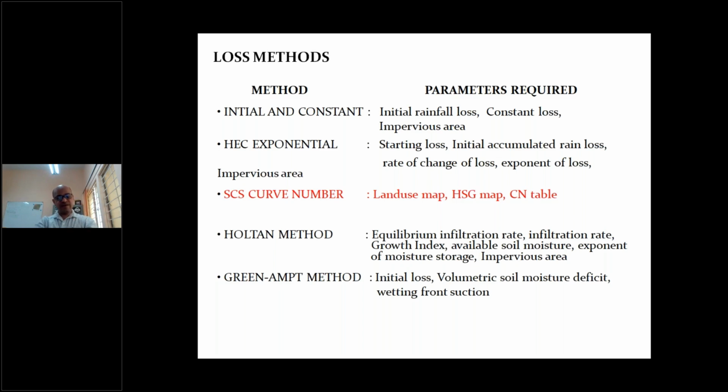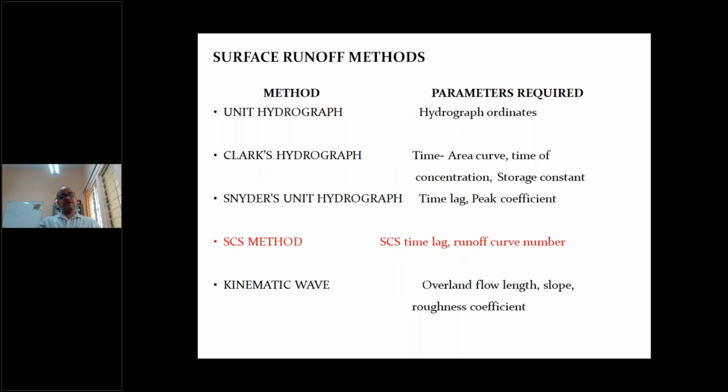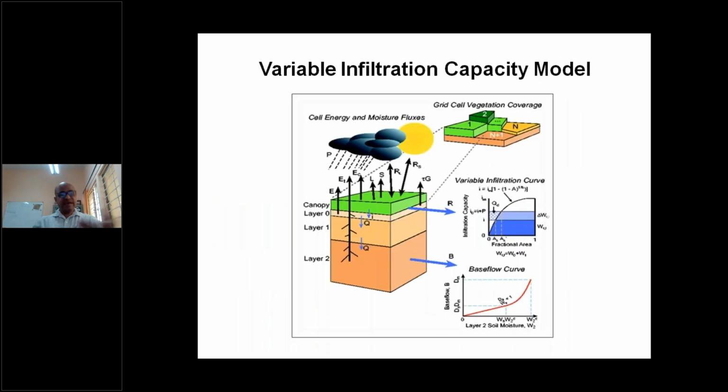Green-Ampt also requires many soil properties to calculate the losses, and then it employs either the unit hydrograph, Clark's unit hydrograph, Snyder's unit hydrograph, SCS unit hydrograph, or the kinematic wave model to generate a hydrograph. So by deducting the losses, the model will generate a hydrograph. It will route the hydrograph to give you the total runoff hydrograph or direct runoff hydrograph of that area.